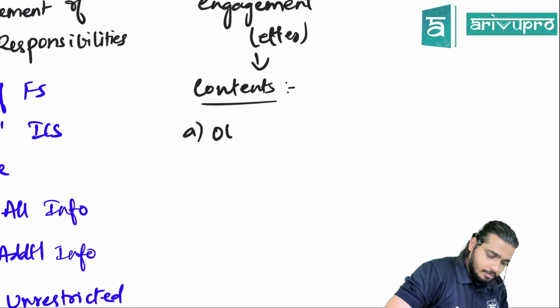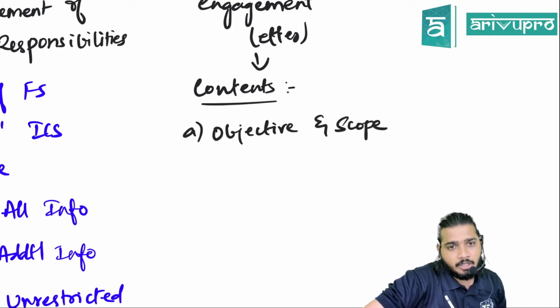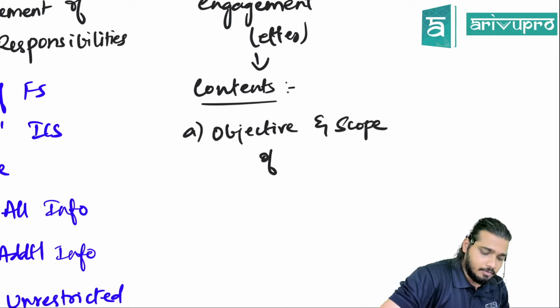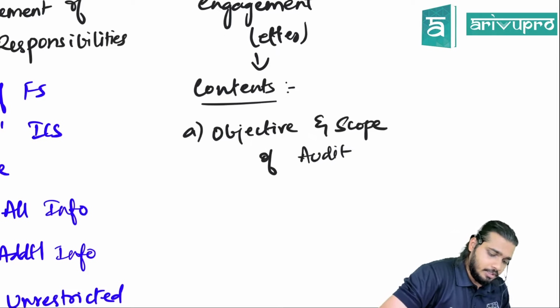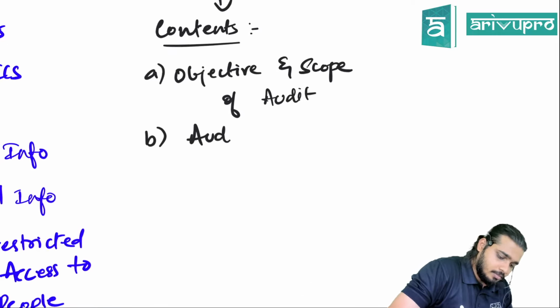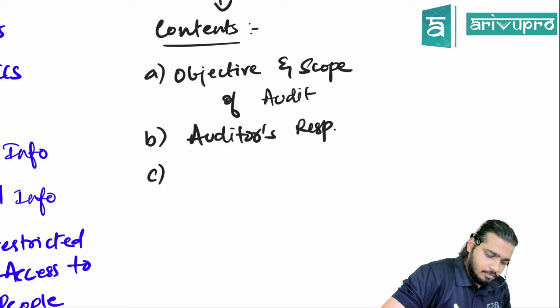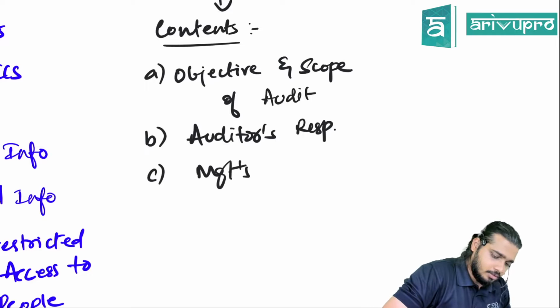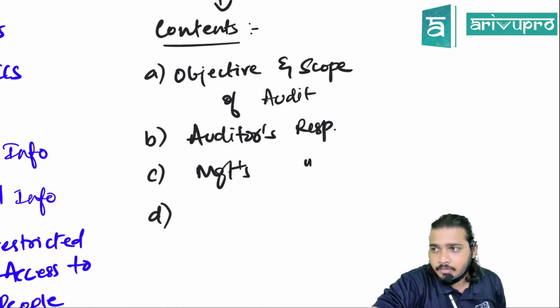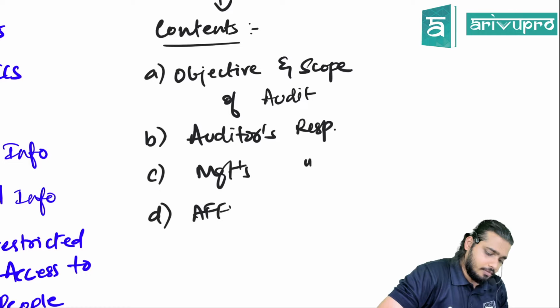Number 1, objective and scope. Objective and scope of what? Auditor? Of audit. Number B, auditor's responsibility. Next, management's responsibility. Next, AFRF applicable.